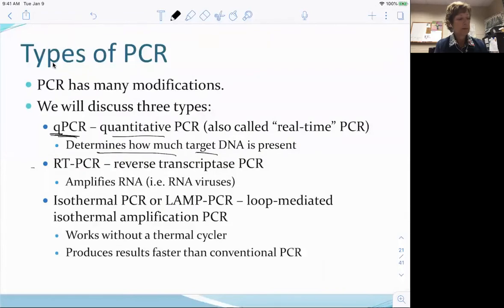The second modification is called reverse transcriptase PCR, and this is where you start with RNA. If you're going to amplify a gene in PCR, you have to have DNA. So if you have a virus that's RNA, how do you amplify that? The retroviruses have an enzyme called reverse transcriptase that takes RNA and copies it to double-stranded DNA called cDNA.